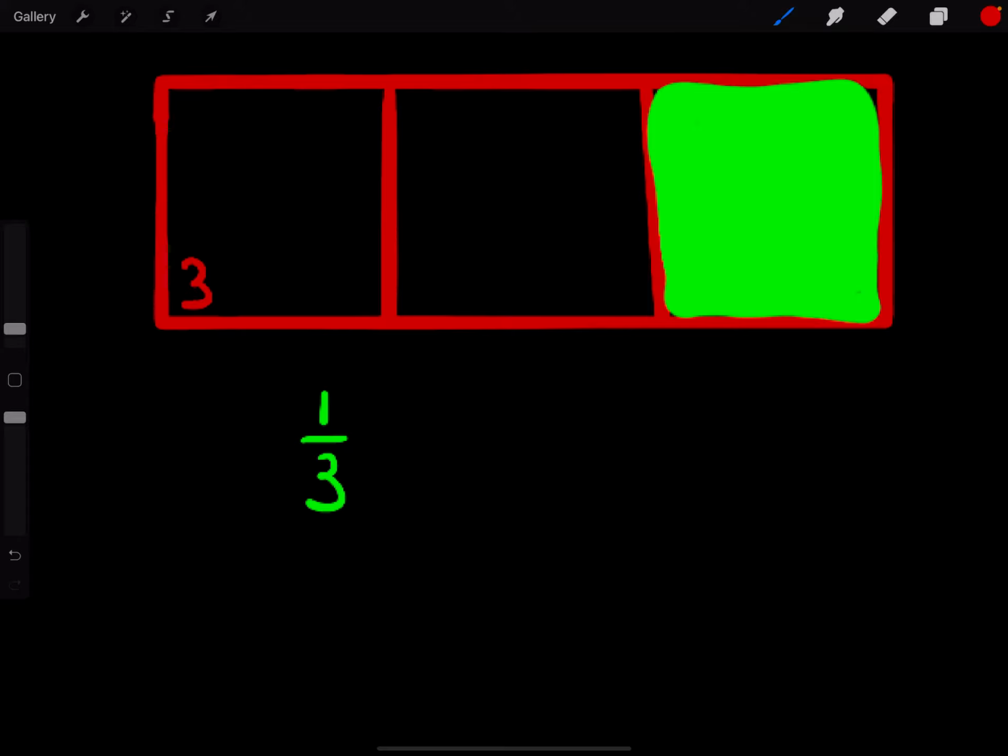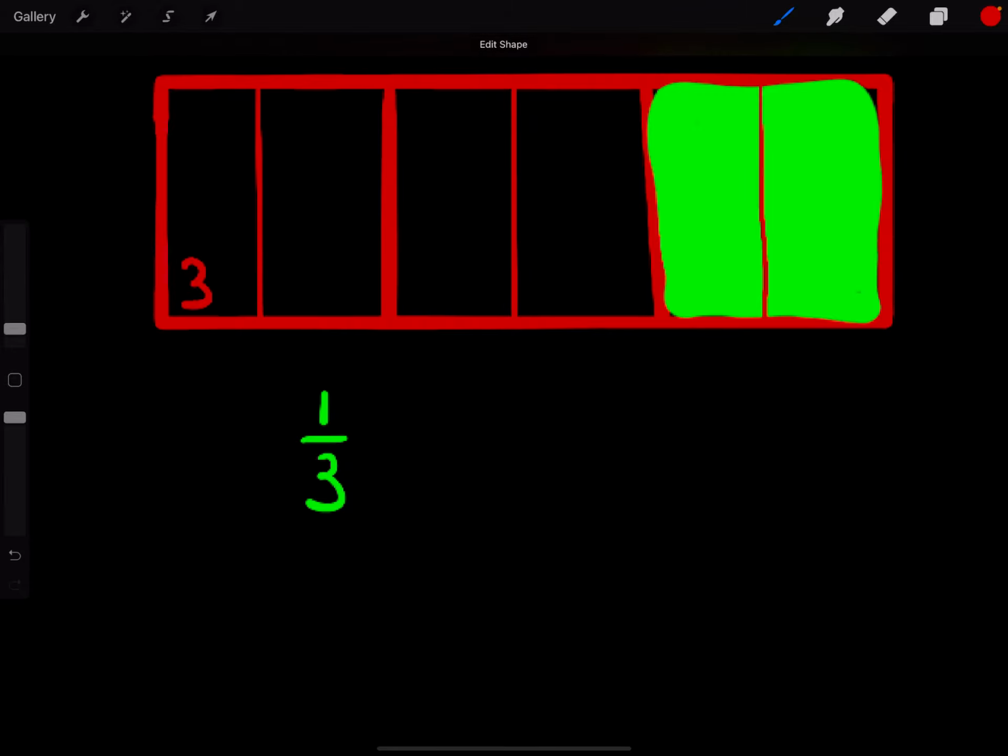And then we're going to fold it in half again. So when you unfold it, your paper should look like this. Now we've changed it into a different fraction. It's the same whole, it's the same shaded part, but the fraction has changed.